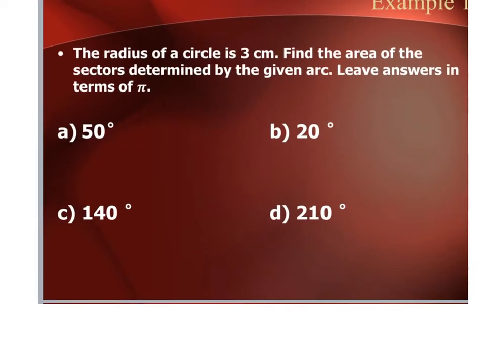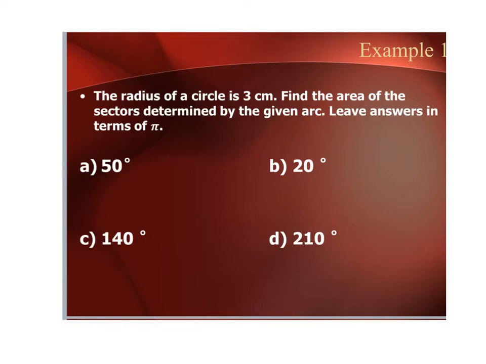Okay, so here they're telling us the radius of the circle is 3 centimeters. It wants us to find the area of the sector determined by the given arc. It wants us to leave our answers in terms of pi. So remember, our formula is this.